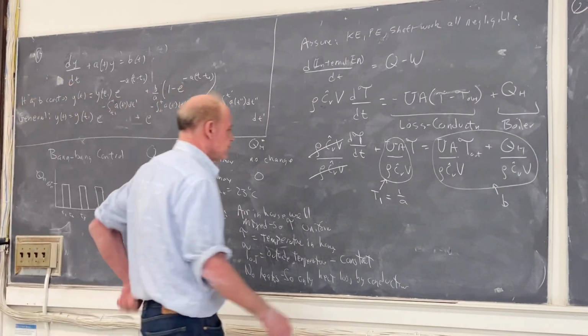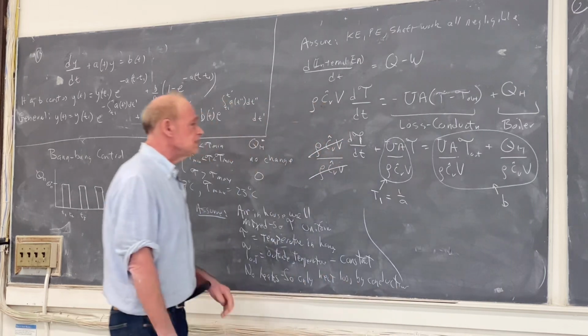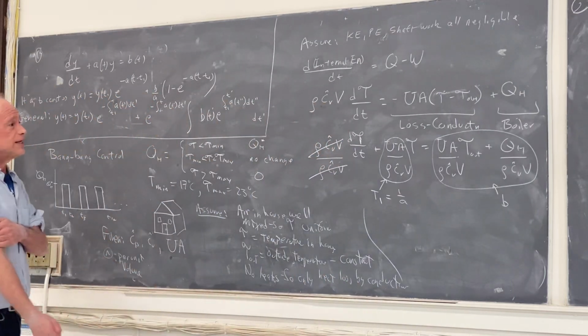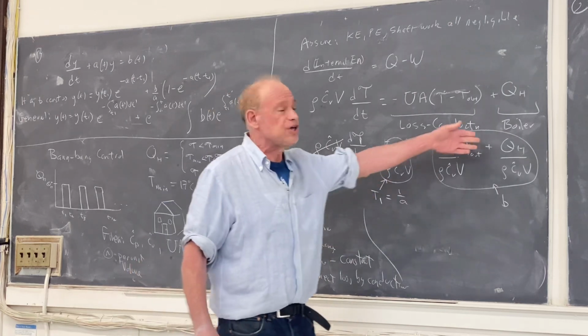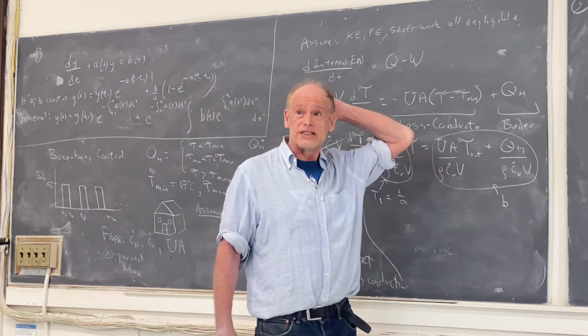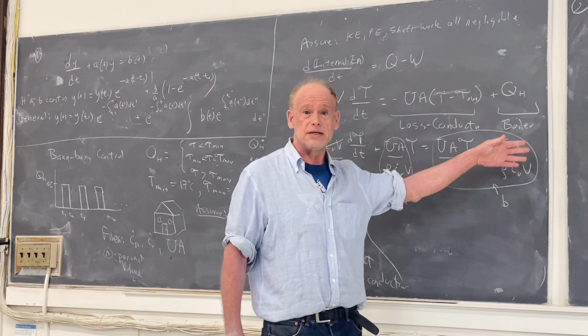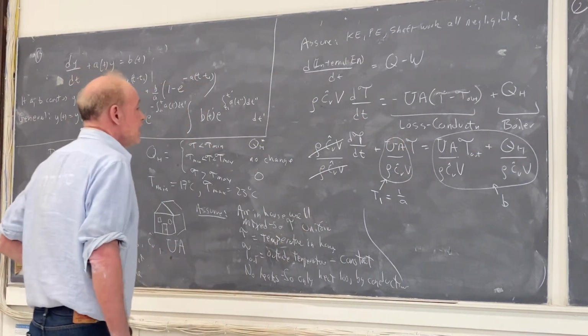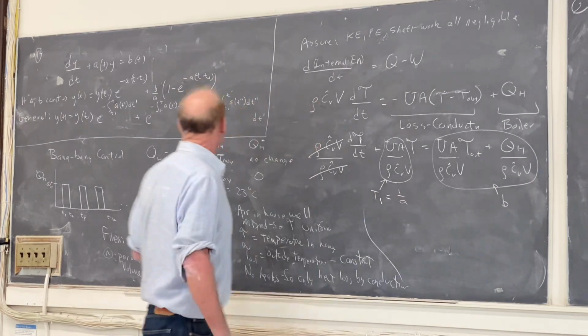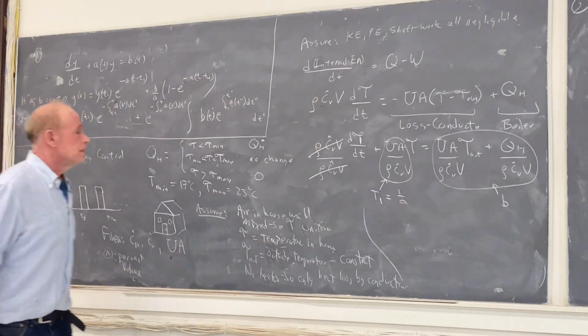Okay, so now let's go ahead and solve the equation. I'm going to solve it in general, leaving Q_H in there, and then we'll look at the special cases: Q_H constant and positive, and Q_H equal to 0. If I can consider A and B constants, here's my solution.